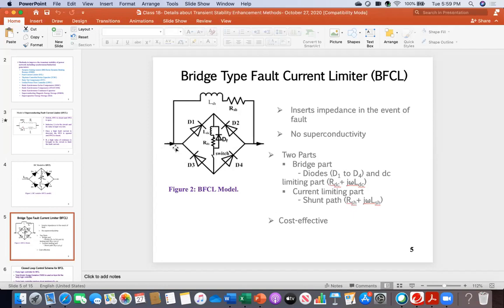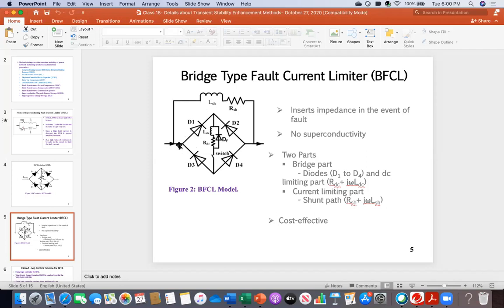There can be very little leakage current, but almost no current flows through this path because this is very, very high compared to this path. You know the property of resistance and conductor: if they are equal, then the current is equally divided. When there is a close to short circuit path, most of the current will flow through the short circuit path. Therefore, there can be a small leakage current, but in real practice, it does not go.